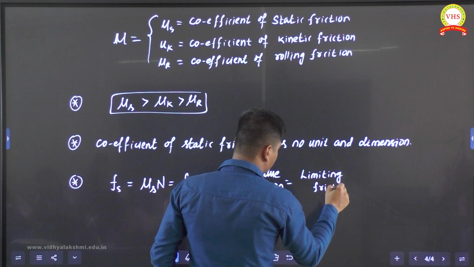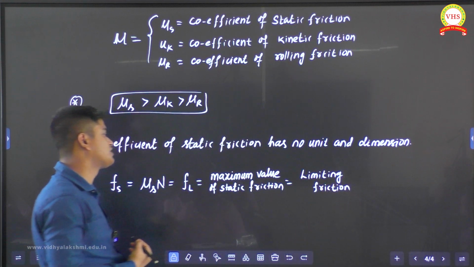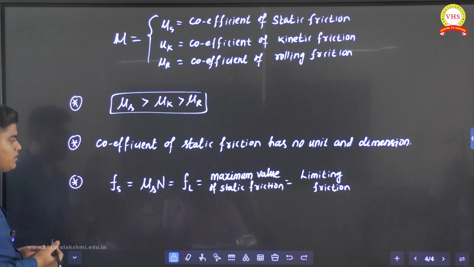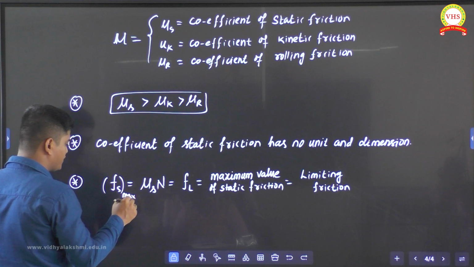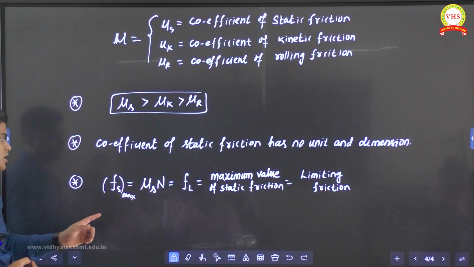You can write it as Fs max. Remember this.